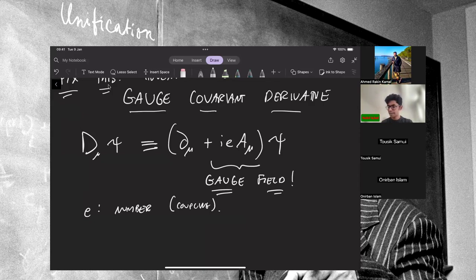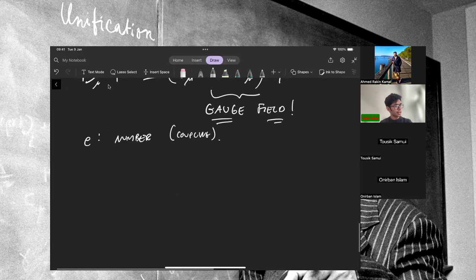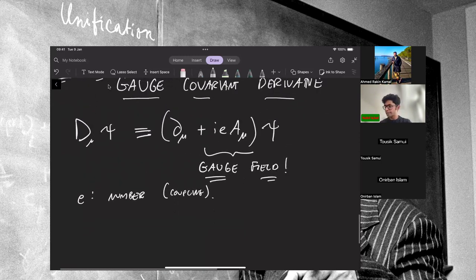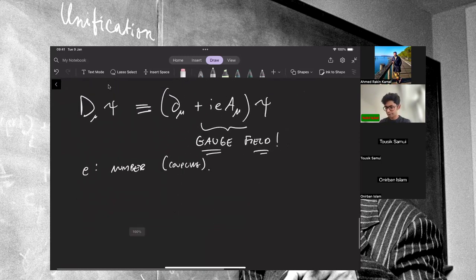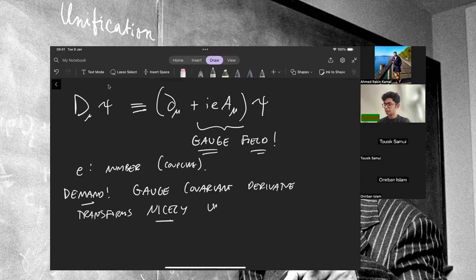Okay. Now, next, what I want to do is demand that the gauge covariant derivative transforms nicely under gauge transformations.